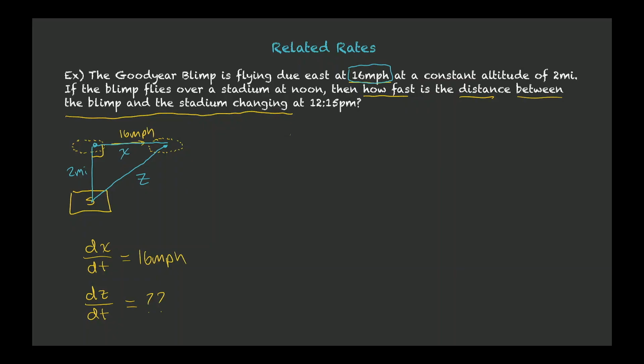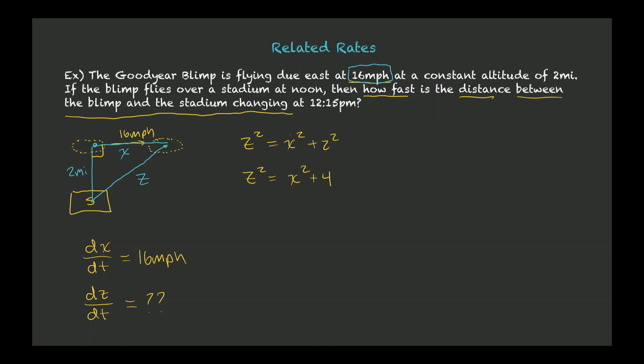So we can use Pythagorean's formula to say that z squared is equal to x squared plus 2 squared. Or simplifying, z squared is equal to x squared plus 4. Okay, so now I have a formula that relates together the variables that are changing in the problem.